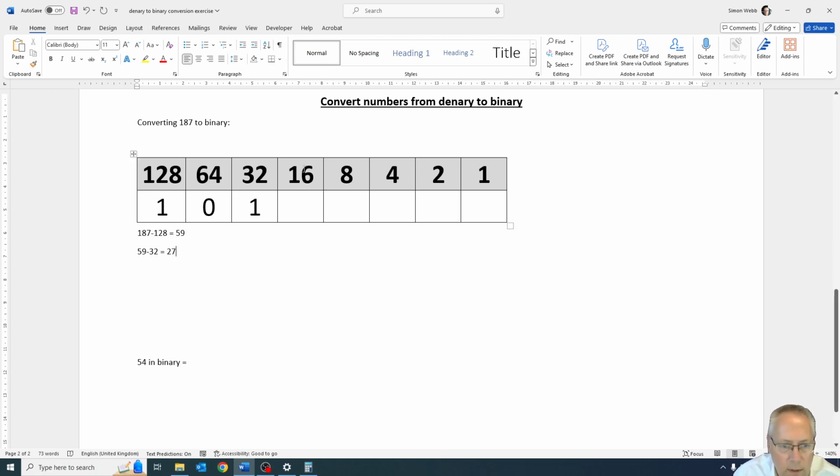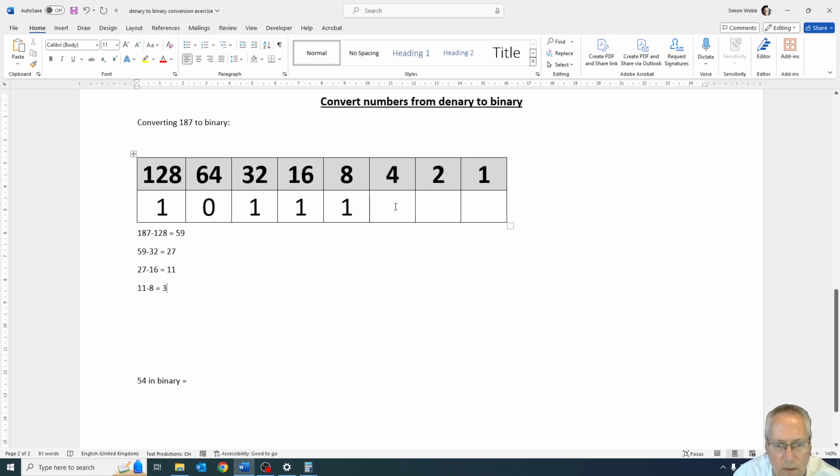Is 27 bigger than or the same as 16? 27 is bigger, so there's a 1 in there. We work out 27 minus 16, which leaves us with 11. Is 11 bigger than or the same as 8? It's bigger than 8, so we put a 1 in there. Now we do 11 minus 8, which gives us 3.